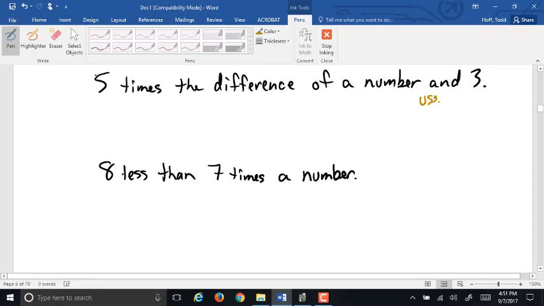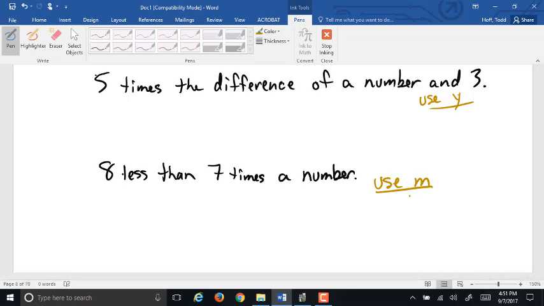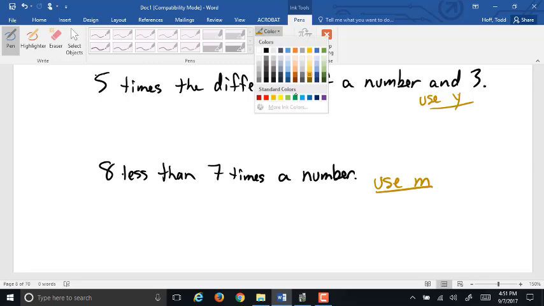It gives you a specific one. So I'm going to tell you for this one, let's use y as your unknown number. On this one, I'm going to tell you to use m as your unknown number. So go ahead in your notes and write an expression, symbols for each of those.